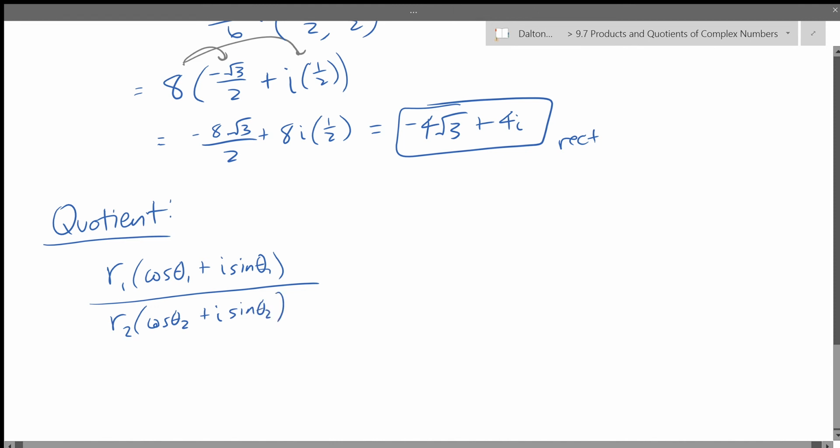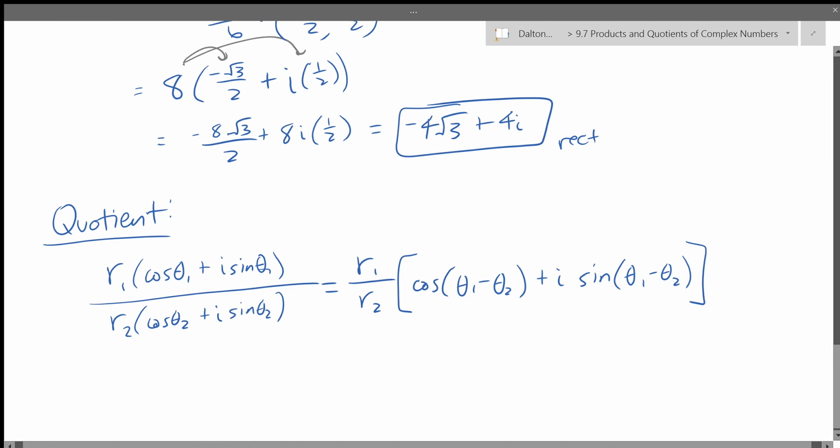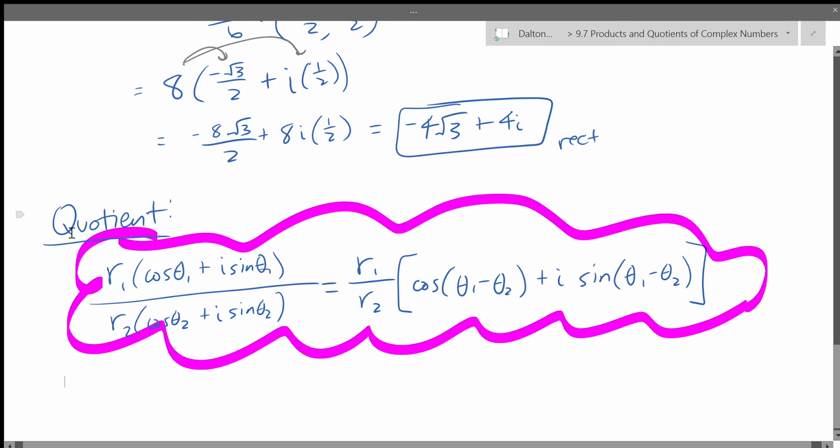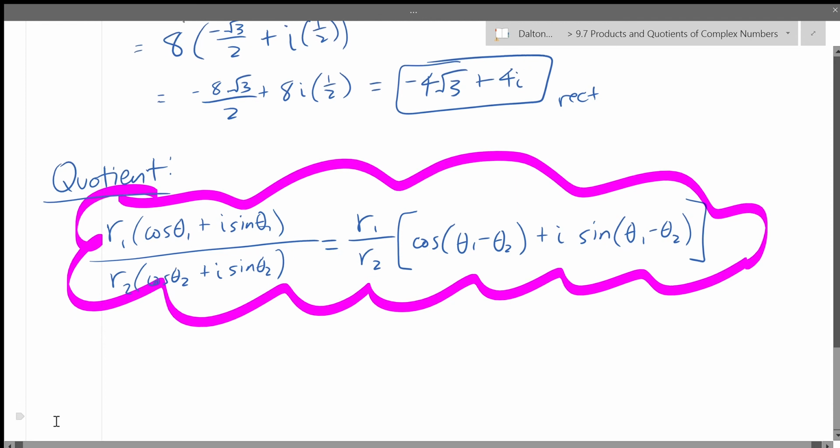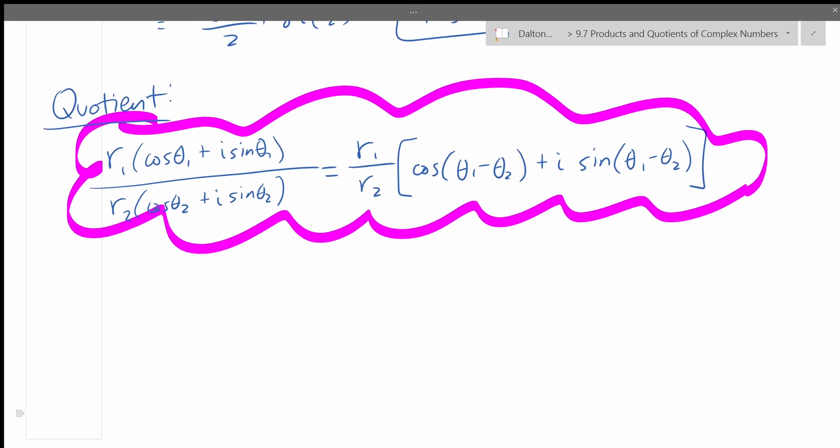When you divide these numbers, your answer can be written as r1 divided by r2 times the cosine of theta 1 minus theta sub 2 plus i times sine of theta sub 1 minus theta sub 2. So again, it also uses the difference identity. This is the second big takeaway. The first one was the product formula. This one is the quotient formula.